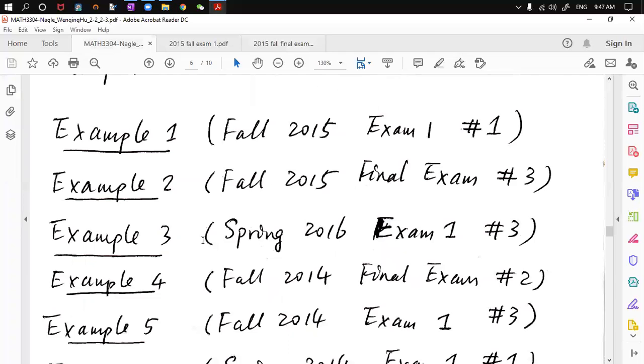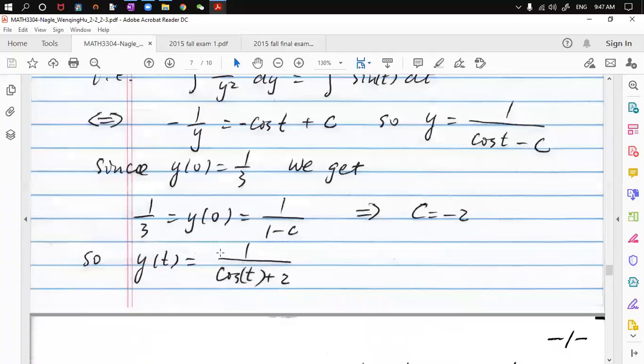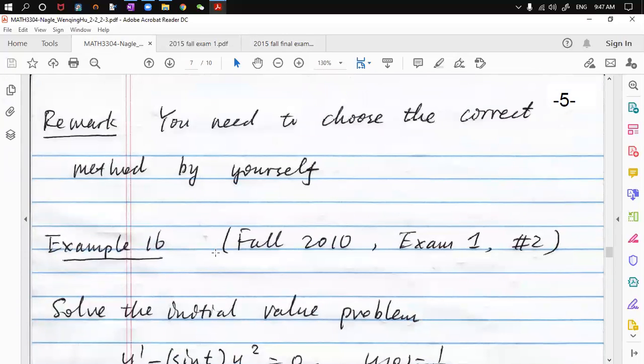Okay, so as I just mentioned, on the exam, they're not going to exactly tell you which method you should use, but rather you are expected to choose the right method by yourself.